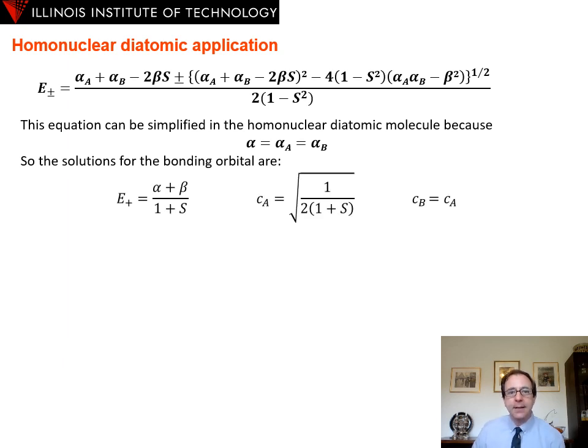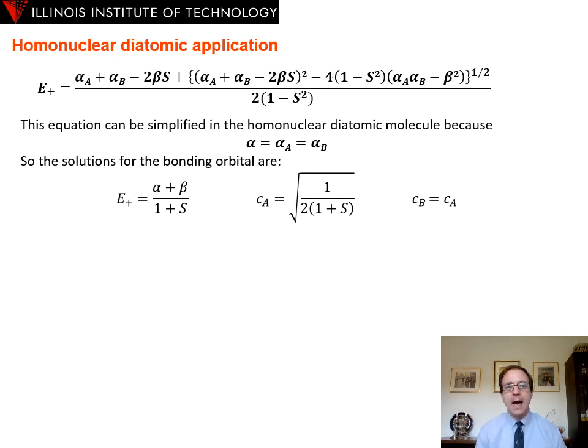And when we do that and simplify this equation, we get that for the positive case, the positive overlap, the bonding orbital case, and we've seen some of this before, the energy is just the alpha term, the individual atomic orbital's energy, plus the beta term, which is the energy term of the shared wave function integral, over 1 plus the overlap integral.